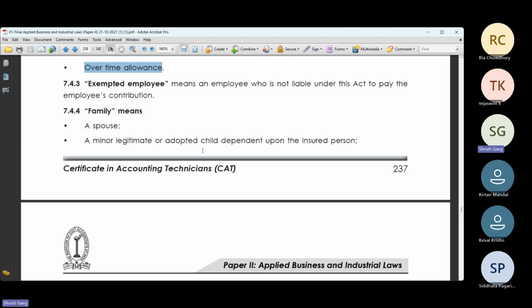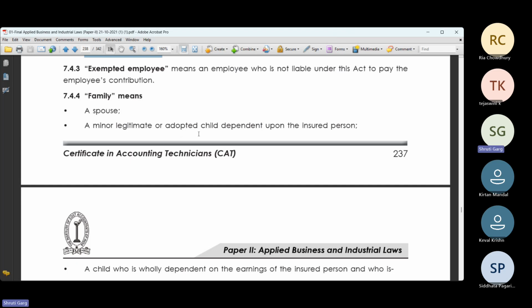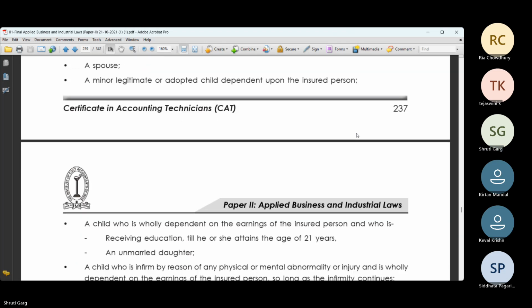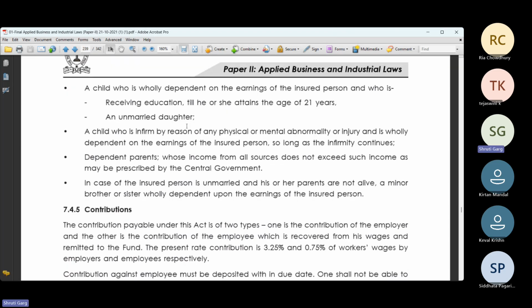And which family members of the employees will be covered in the ESI? Spouse, minor legitimate or adopted child dependent upon the insured person, and a child who is wholly dependent on the earning of the insured person and who is receiving education till he or she attains the age of 21 years.